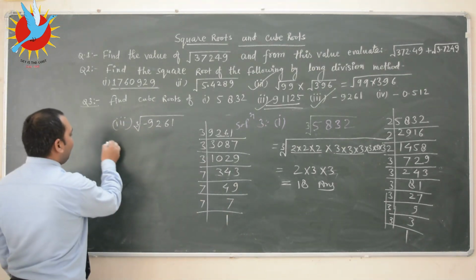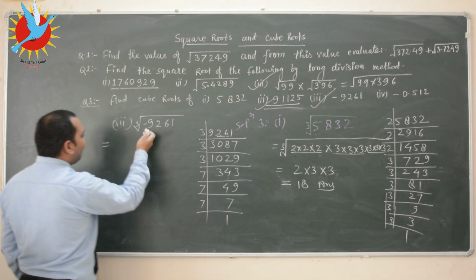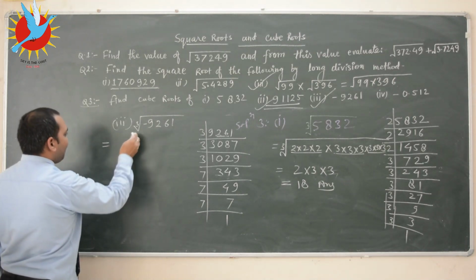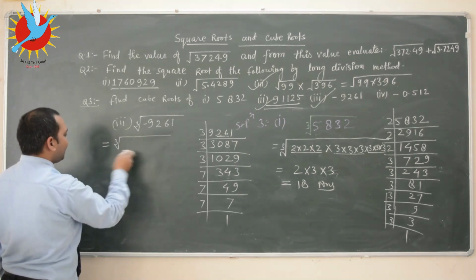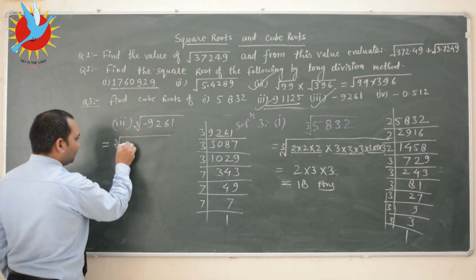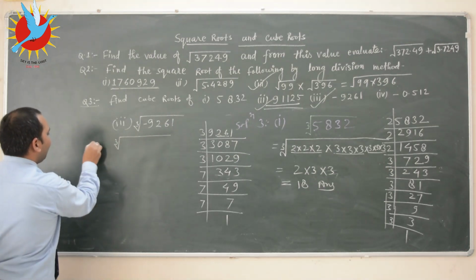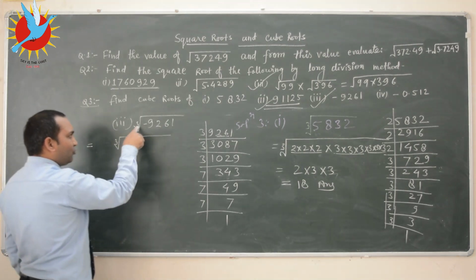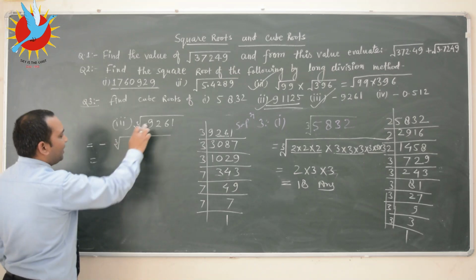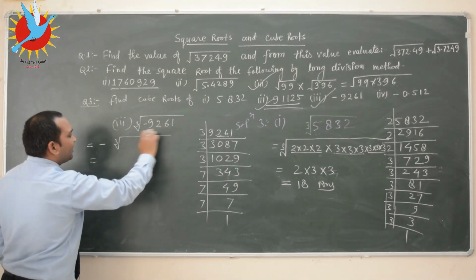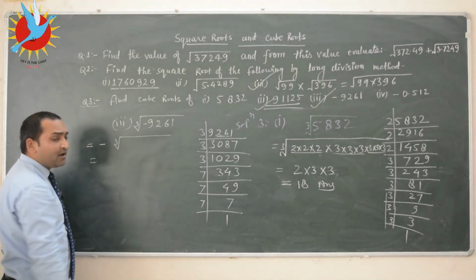So similarly we can write the factor of this number, cube root of this, minus we take out because the cube root of any negative number is negative, so minus, and we write the factor of 9261.